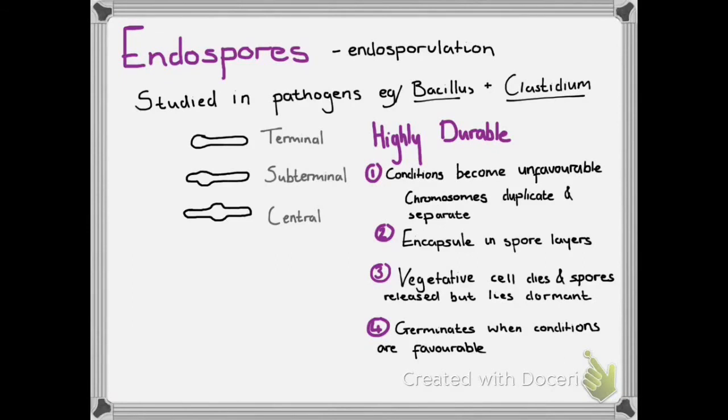It can lie dormant for a long, long time. And then when the conditions become favourable again, it can germinate and start its life again. Remember, this isn't a type of reproduction, because the number of cells stays the same; you're not getting two new cells, you've just got one, so it is not reproduction.